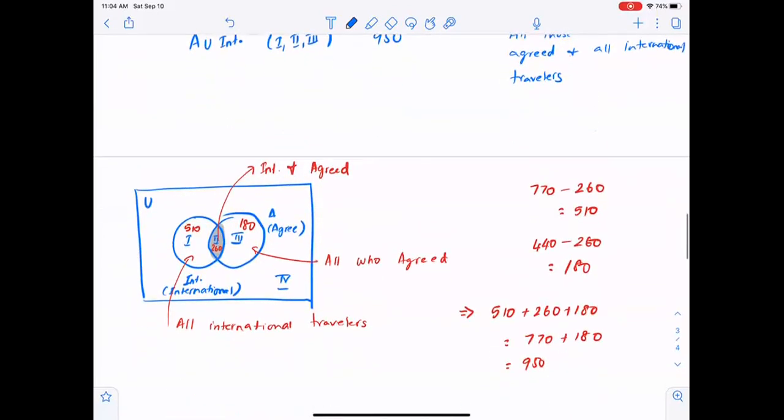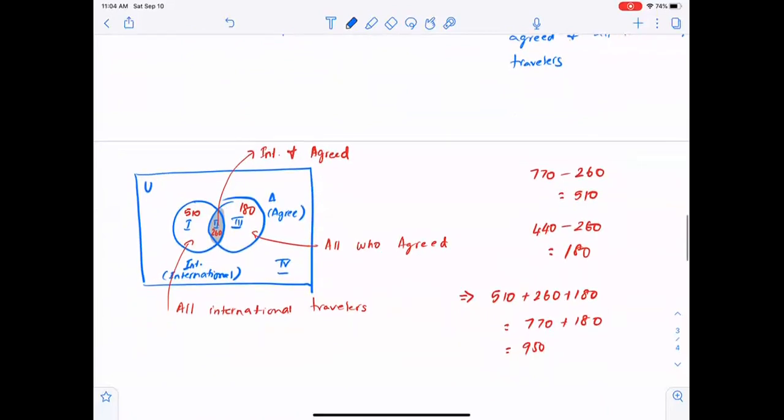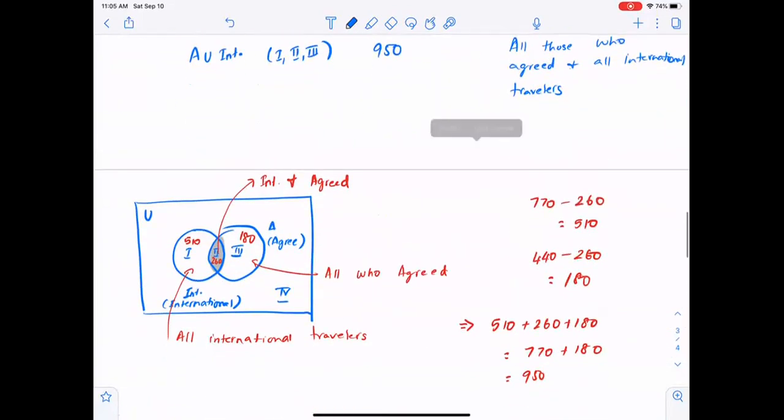Never mind, that is correct. 950 from 1510 to get the region 4 count. That would give us 560.